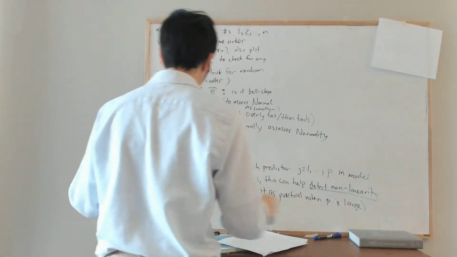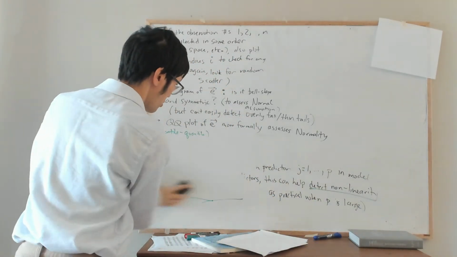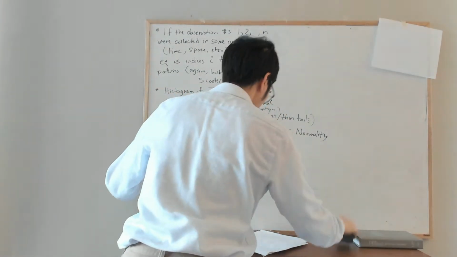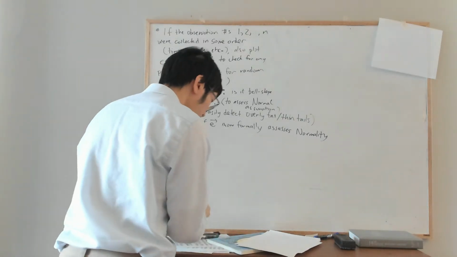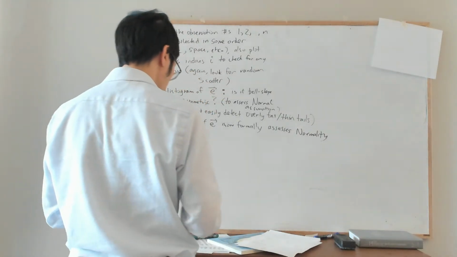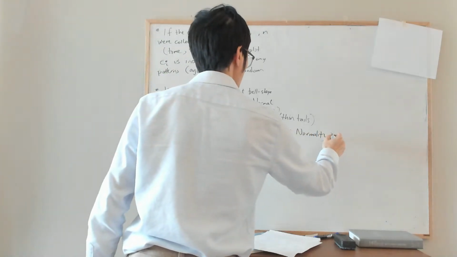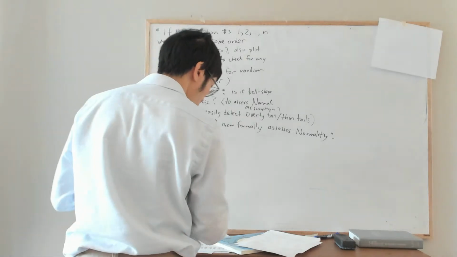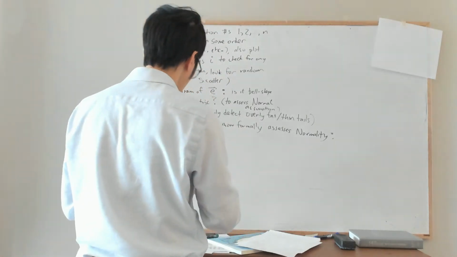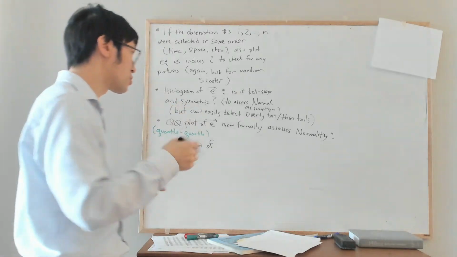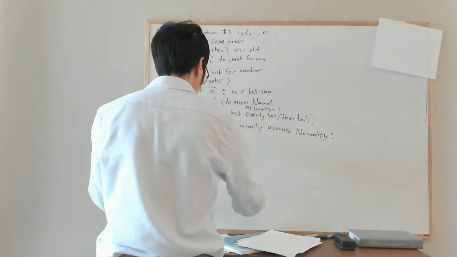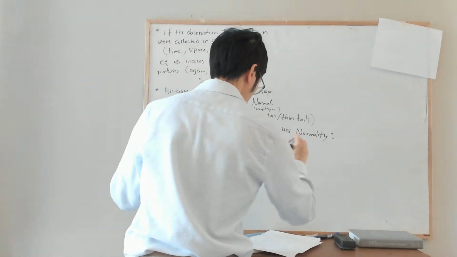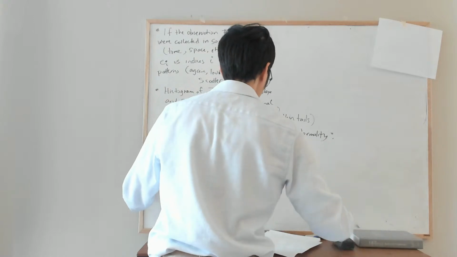First let me describe what it is, and then I'll draw pictures to show examples of what we can see from quantile plots. So what is it? It is a scatter plot of the ordered quantiles from two distributions, where you basically plot the quantiles against each other.